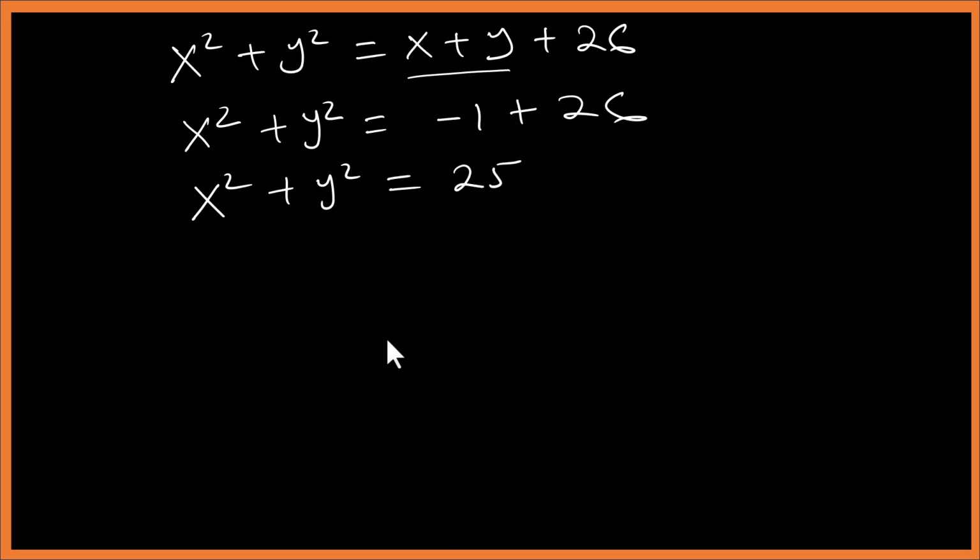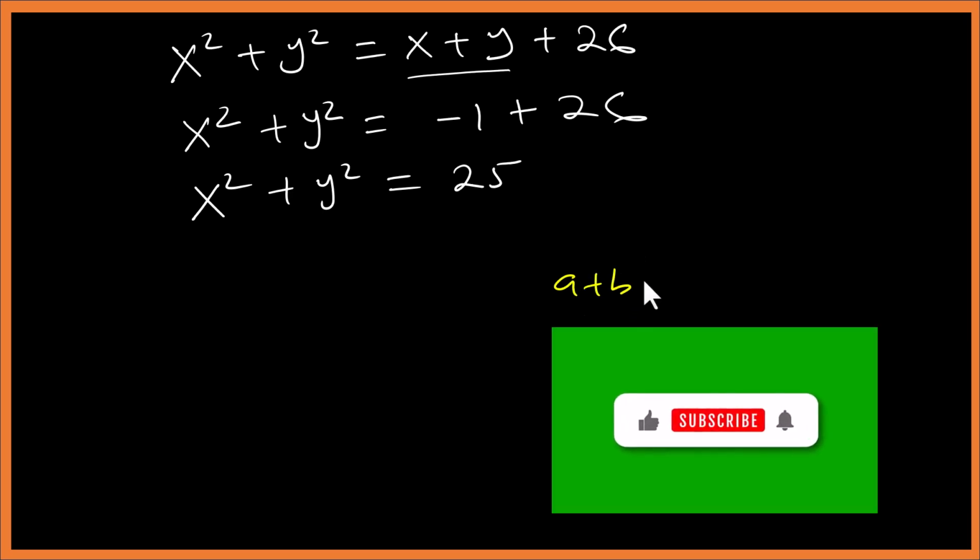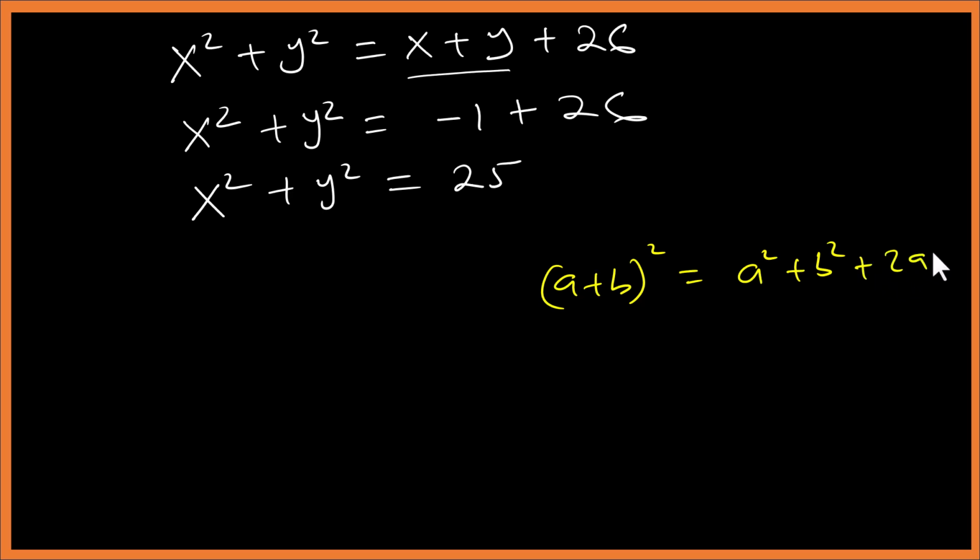Now let's observe something here. When we're given a plus b all squared, it is the same as a squared plus b squared plus 2ab. It means that a plus b all squared minus 2ab is the same as a squared plus b squared. Very powerful.